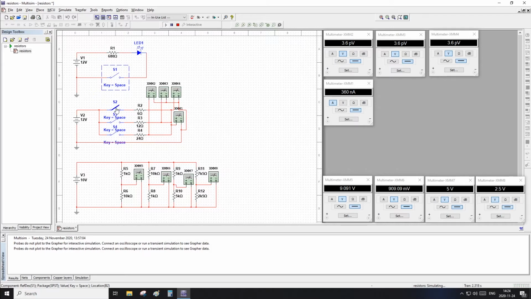So if we take 6 ohms and we switch it on, we've got 2 amps running and 20 microvolts on voltage. That's kind of strange, but we'll explain this one.